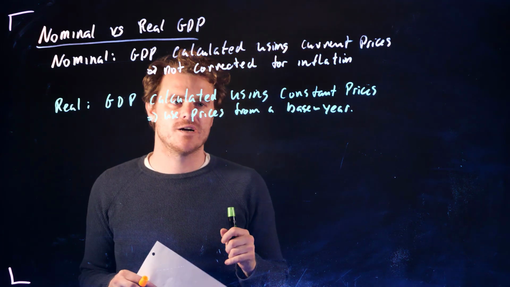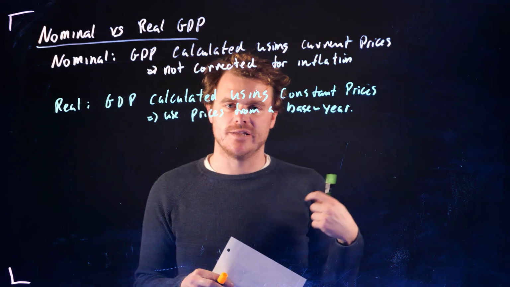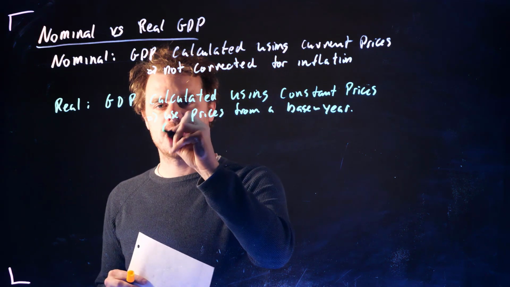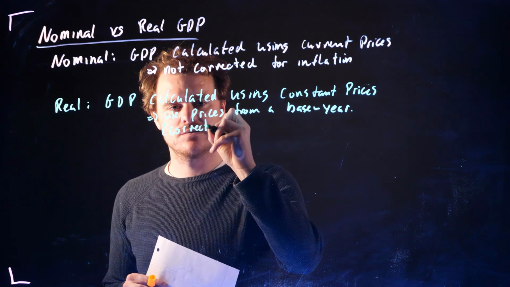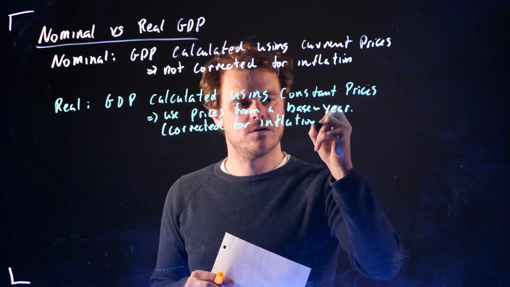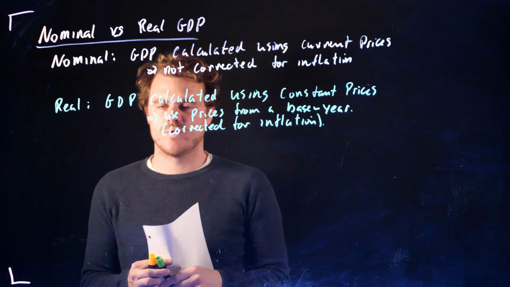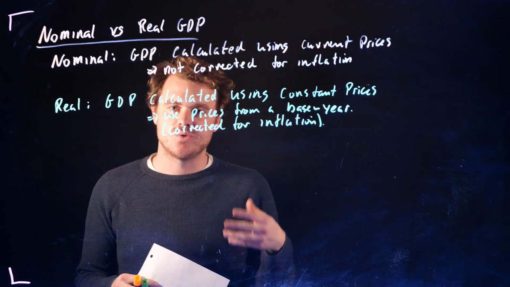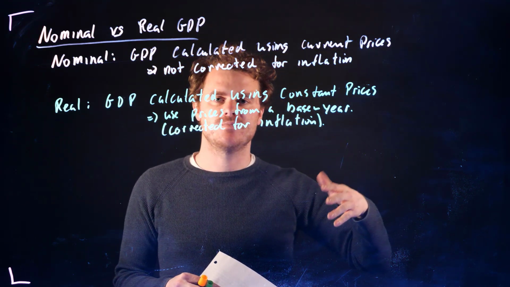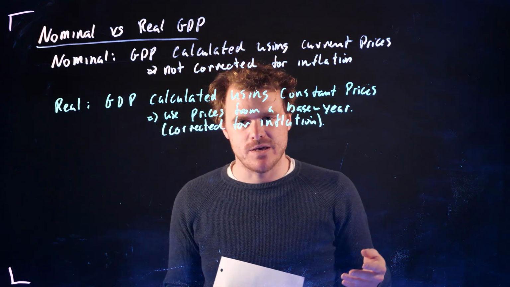So we pick a base year, and we use that to calculate GDP. In that sense, it's kind of corrected for inflation. Real GDP is only going to change when the underlying quantities change. If the prices change, but the quantities remain the same, then real GDP wouldn't change.